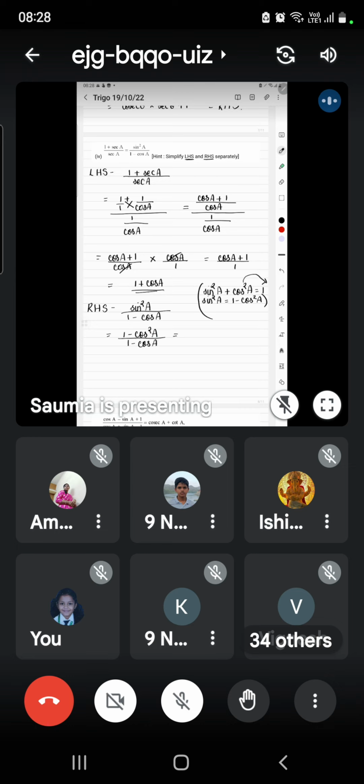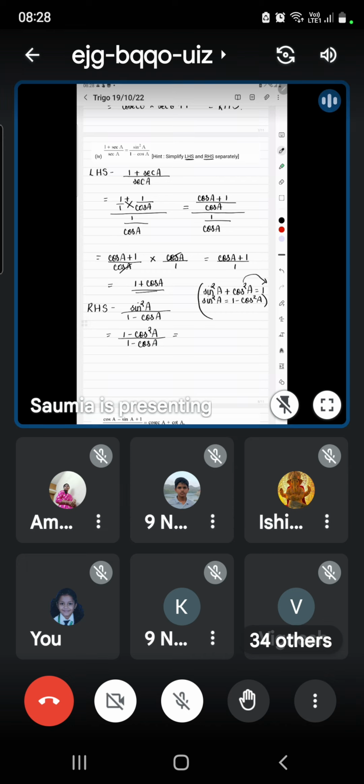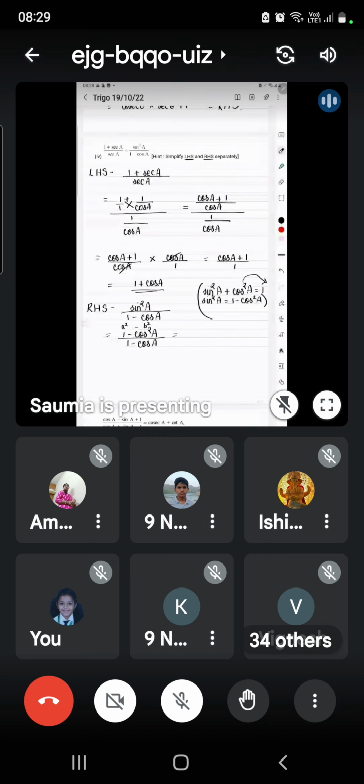Now, what to do? Can anybody tell me? A square minus B square. Yes. This is of the form a square minus b square, so I can write it as a plus b into a minus b. Here my a is 1 and my b is cos A. So I can write this as 1 plus cos A into 1 minus cos A upon 1 minus cos A. Now what?